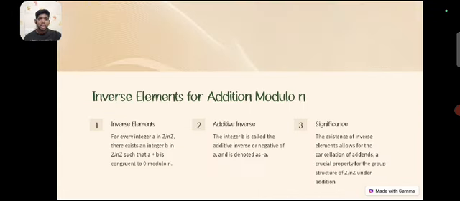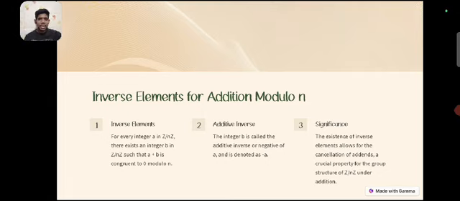Now let us come to the inverse elements for addition modulo n. Inverse elements. For every integer a in Z/nZ, there exists an integer b in Z/nZ such that a plus b is congruent to 0 modulo n. Second, additive inverse.